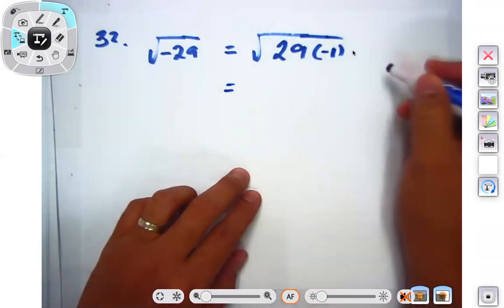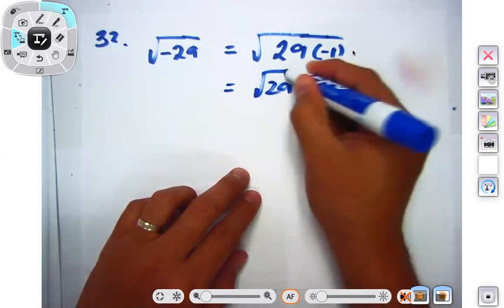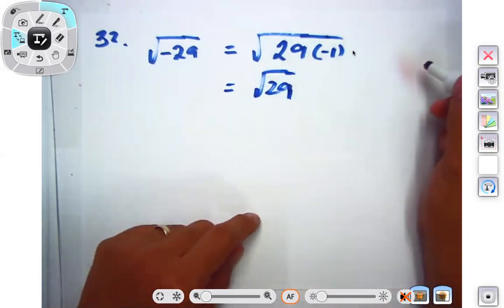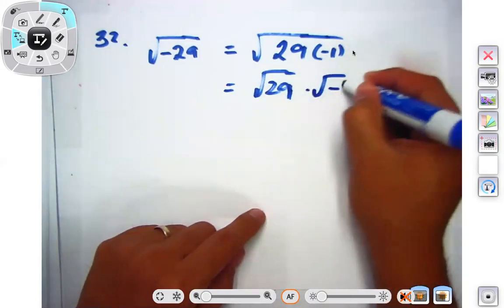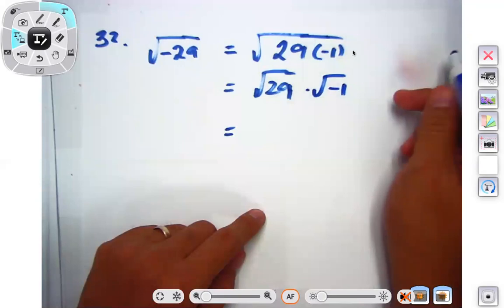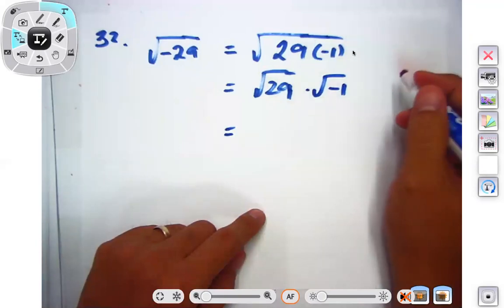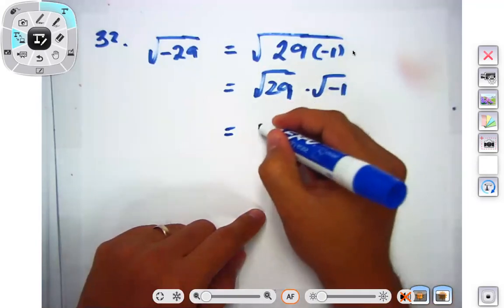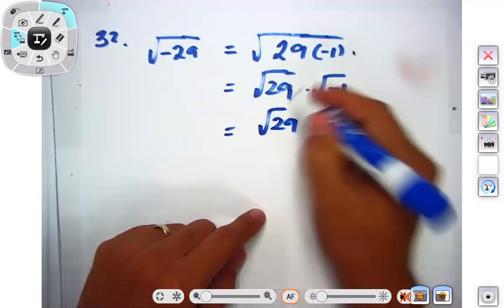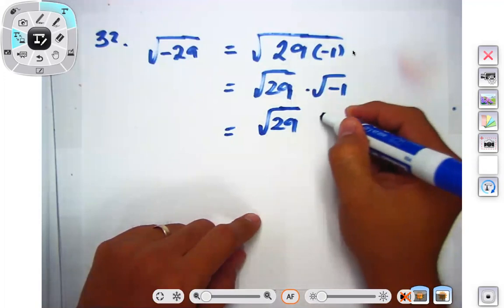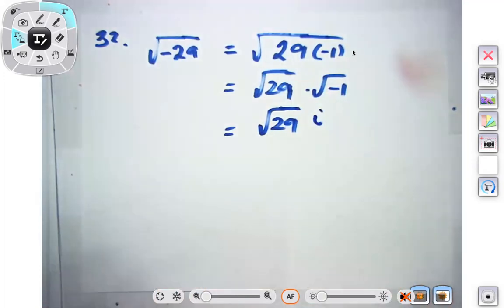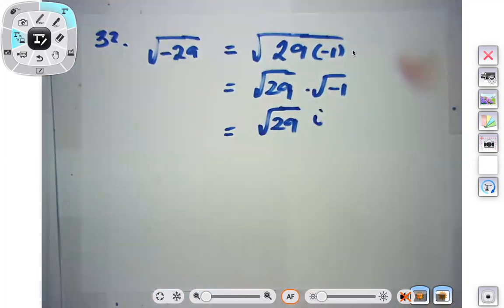So we can rewrite this as the square root of 29 times the square root of -1, using the property of radicals. Do we have a square root of 29? Nope, it's a prime number, right? So the square root of 29, and then the square root of -1 is i. But do not put the i in the square root. Okay, so it's the square root of 29 i.